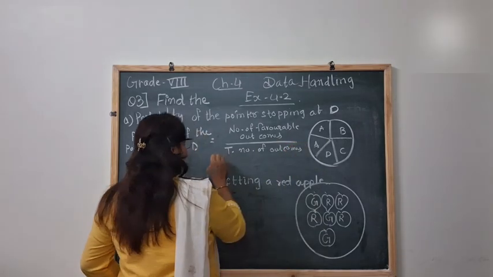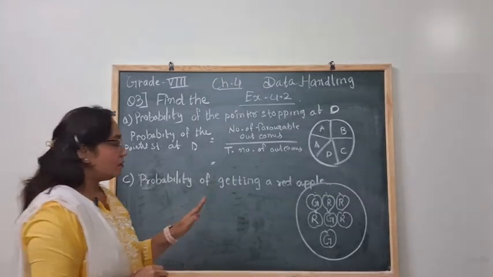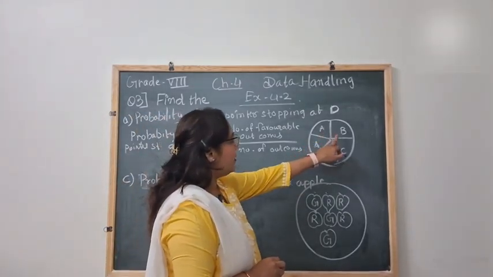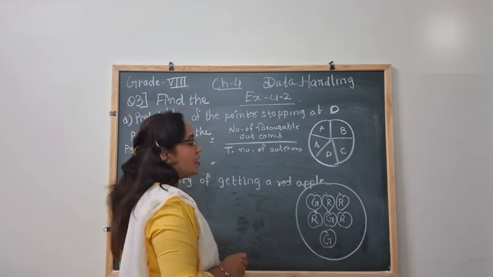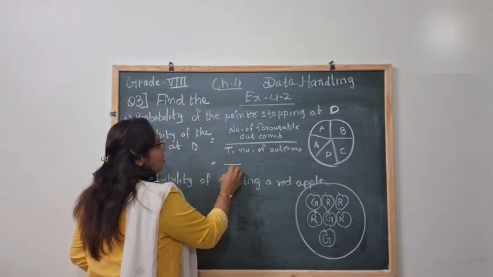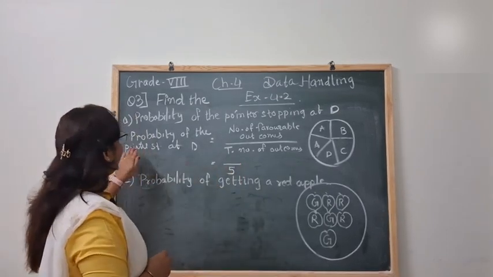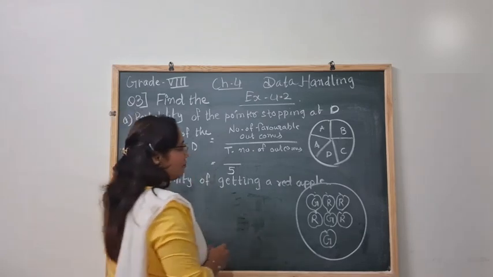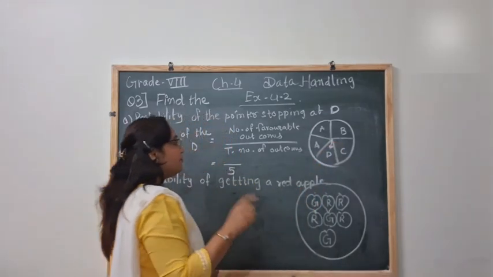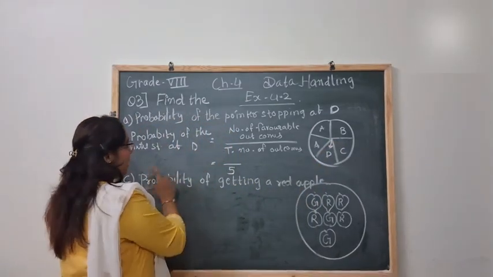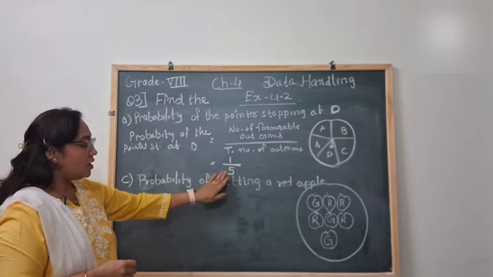Now here if you look at the figure, what are the total outcomes? Total outcomes are A, B, C, D, A. That means 1, 2, 3, 4, 5. Out of 5, what are the favorable outcomes of pointing at D? Now we have only one D here. If the pointer is pointing at D, we have only one favorable outcome. So here probability would be 1 upon 5. Our probability here is 1 upon 5.